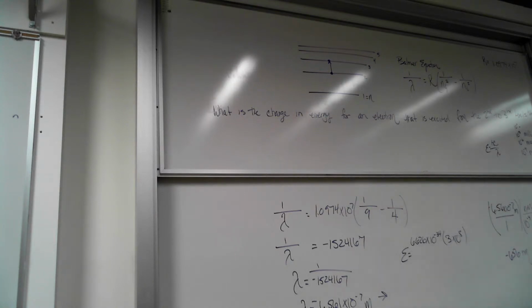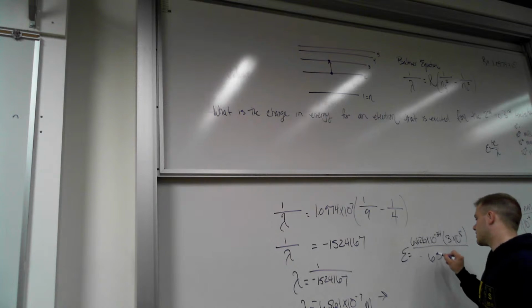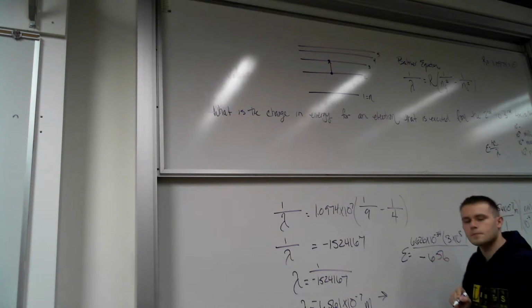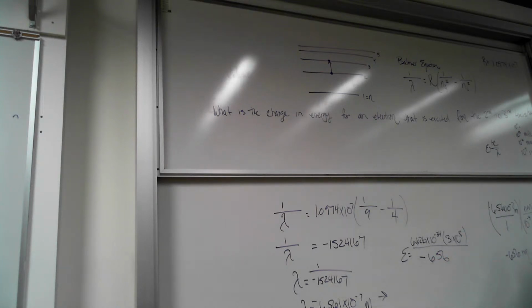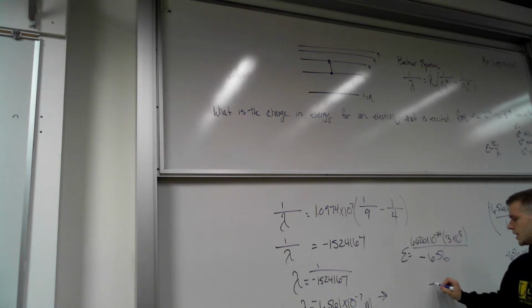C is 3 times 10 to the 8th. Maybe you were given 2.998 or something. Here we use 3 divided by our negative 656. This is why that negative is important. Because we don't care what the numerical value of this is, we're going to get a negative change in energy.